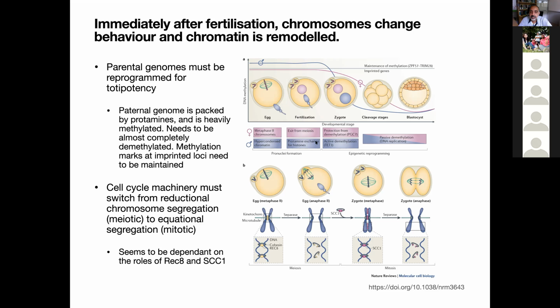Soon after it enters, you have exchange of protamines for histones, and you have active demethylation by this protein here, TET3. After this, you're getting passive demethylation and DNA replication as the zygote cleaves.